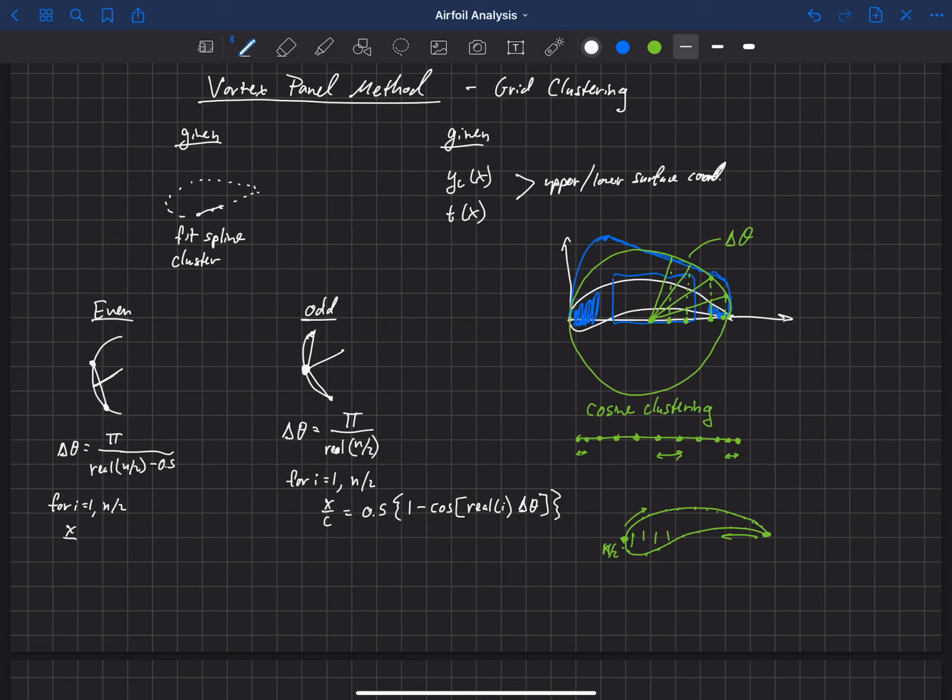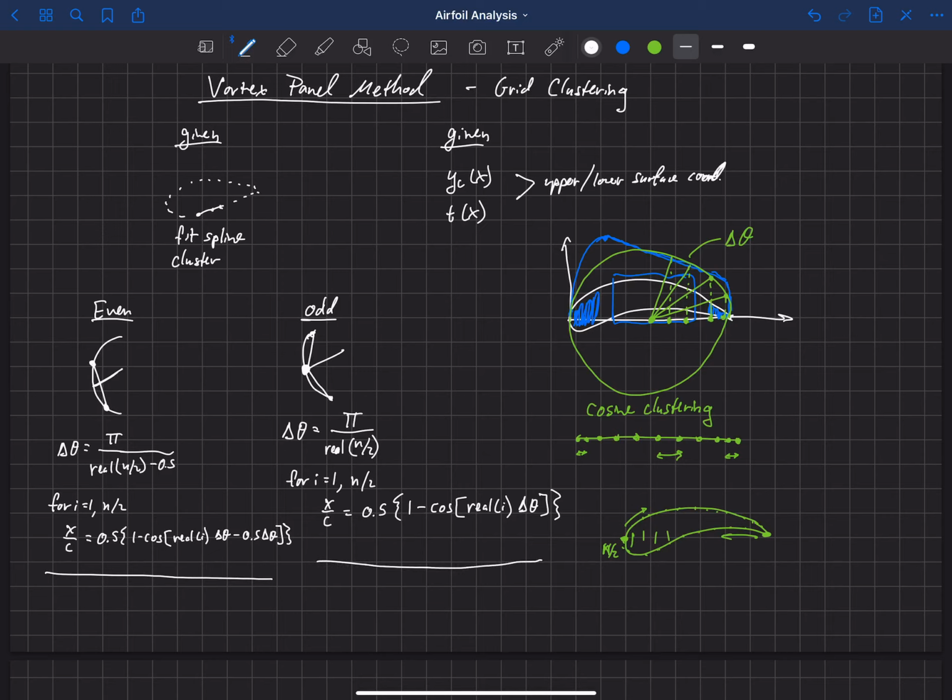The percent chord, or x over c, is equal to 0.5 times 1 minus cosine of the real I, it's an integer, we need it to be real, times delta theta minus 0.5 delta theta. Okay, so this would be the algorithm then for finding all of these locations on the x-axis if it was even, and this is the algorithm if it's odd.